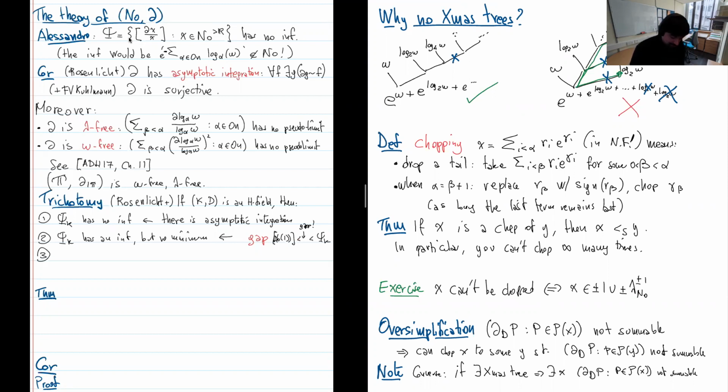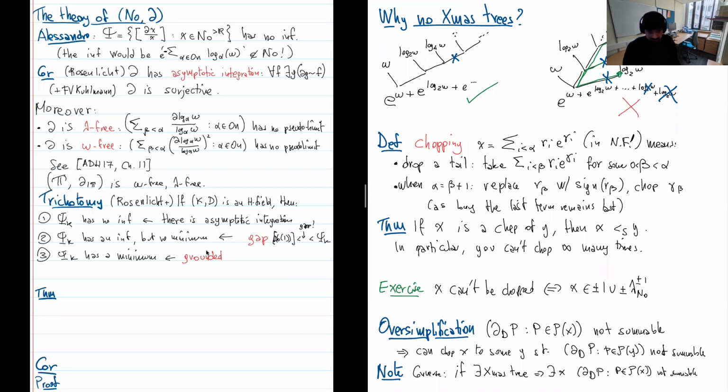And then the last situation is if psi K has a minimum. This is what in the book is called grounded. So a grounded H field is an H field where psi has a minimum. In particular, if psi has a minimum, the H field is not going to have asymptotic integration. That would be case one.